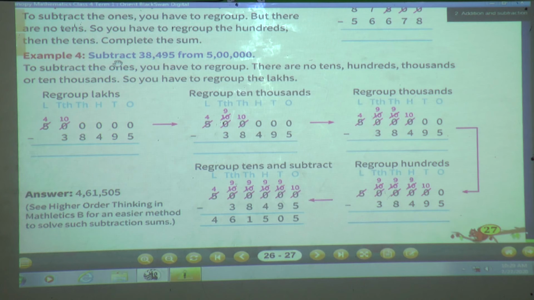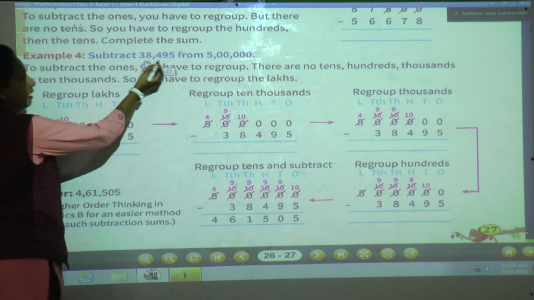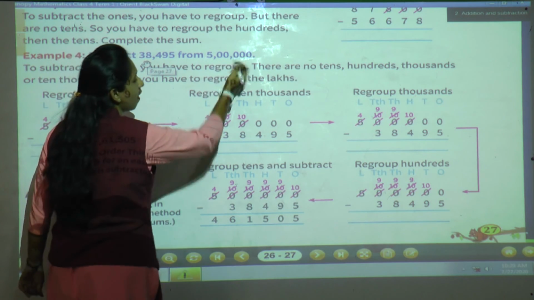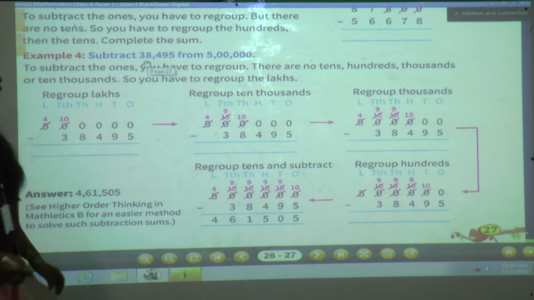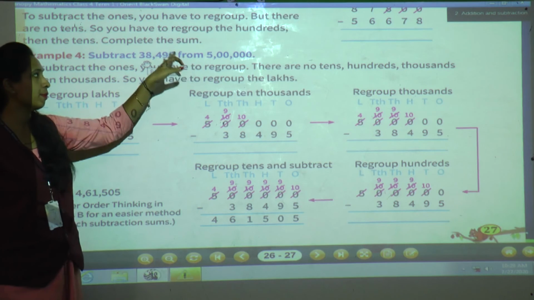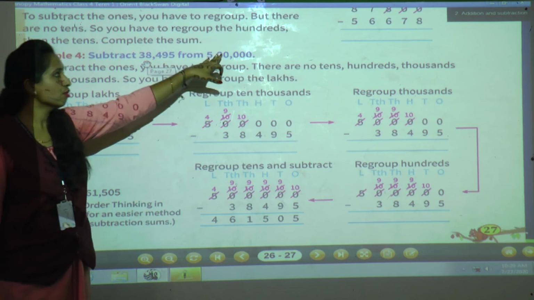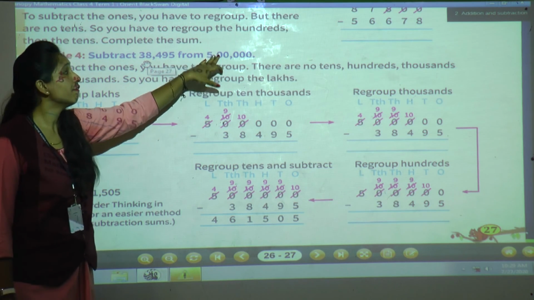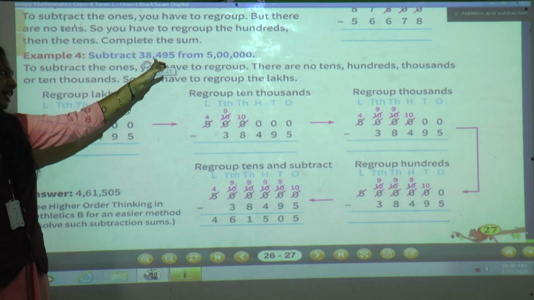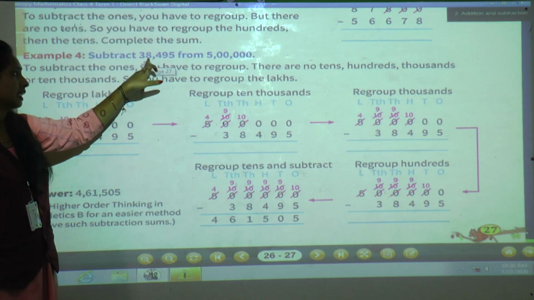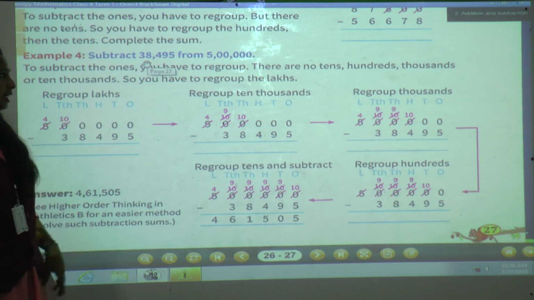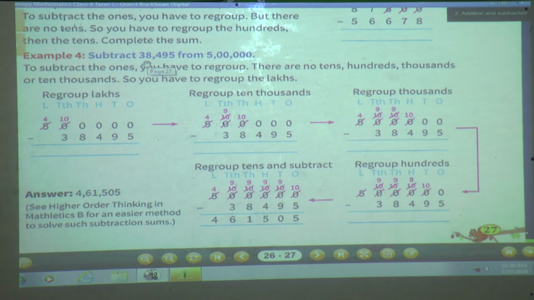The question is: subtract 38,495 from 5 lakh. So always write the greater number first. So we have to subtract 38,495 from 5 lakh. To subtract the ones, you have to regroup.